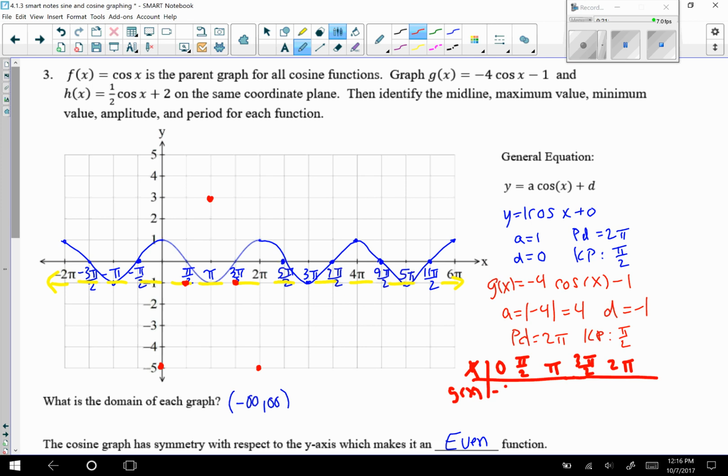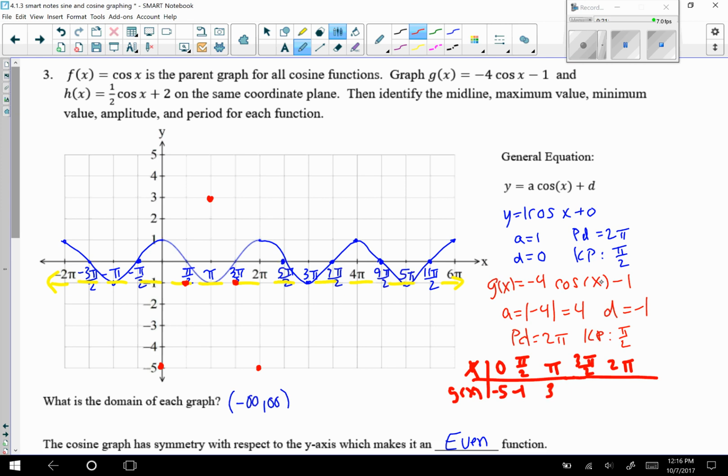And -4 minus 1 is where we got the -5 from. If we plug in pi over 2, the cosine of pi over 2 we know is 0. 0 times -4 is 0 minus 1. The cosine of pi is -1, so -1 times -4 would give me +4, and 4 minus 1 is where the 3 comes from.